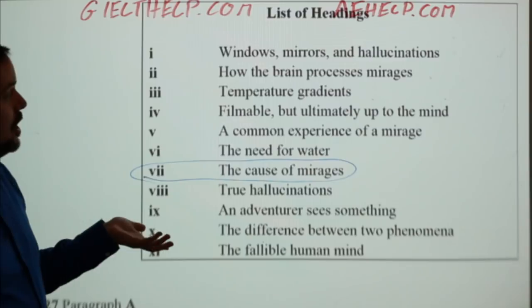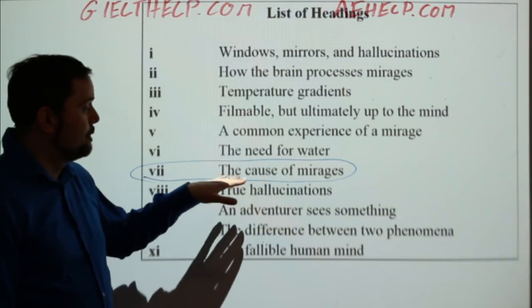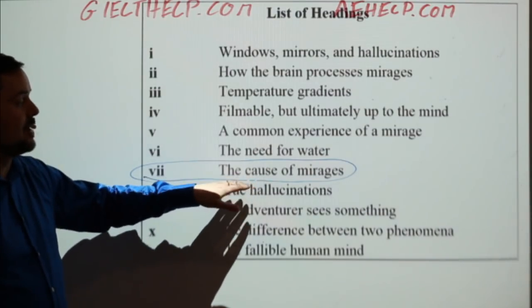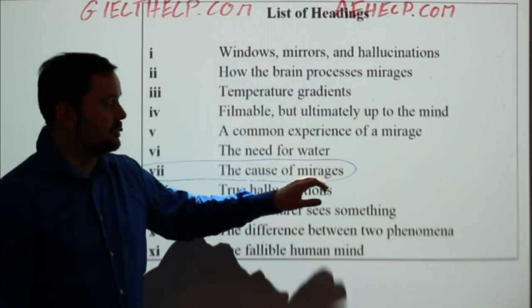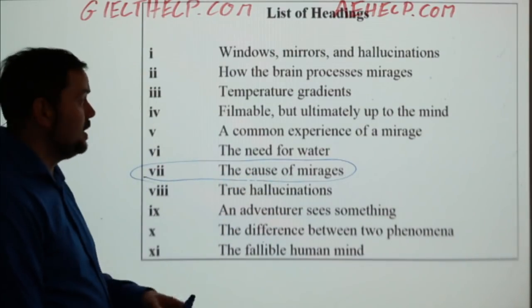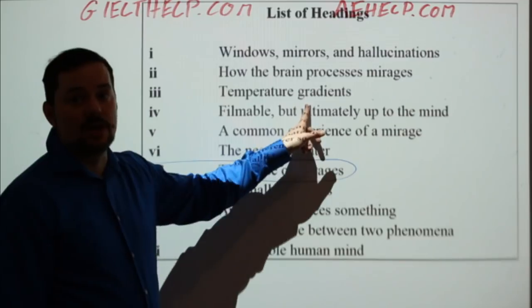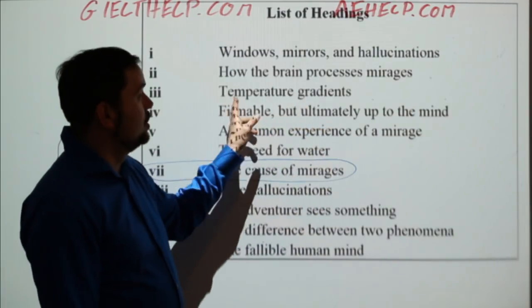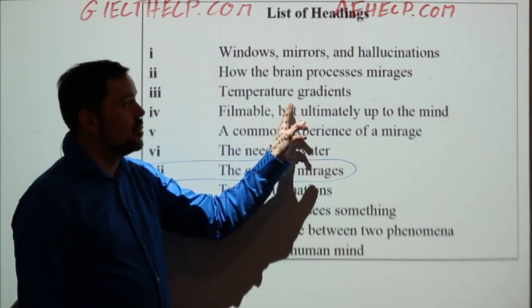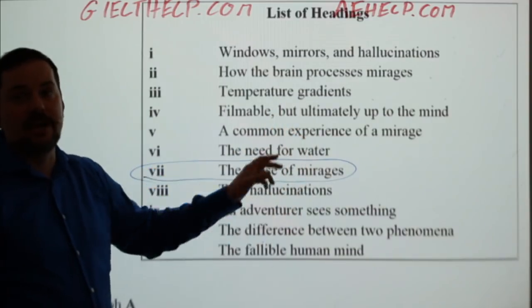The paragraph talks about temperature gradients, but the main idea, what the paragraph is about, is the cause of mirages, okay? Temperature gradients is why mirages happen. So it's why the mirages happen, but that's not the heading for the paragraph, okay?